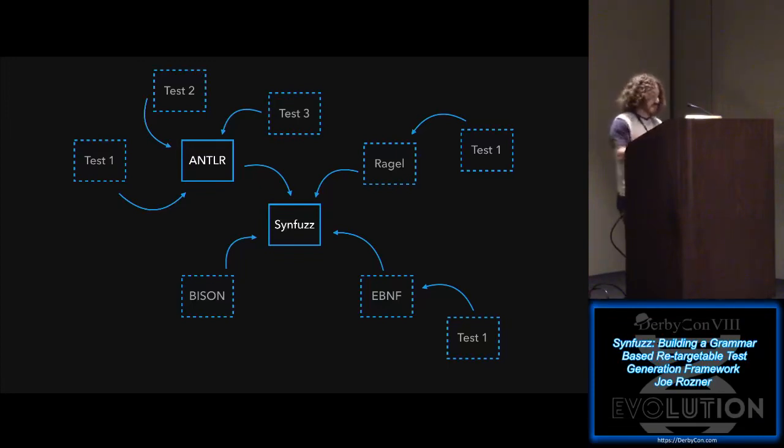You could have one for ANTLR, one for Regal, one for EBNF, Bison. What these do is read in a grammar file for their specified format, and then translate that to the Synfuzz syntax tree. And then from there, you can generate test cases and use that to build your own test runners.